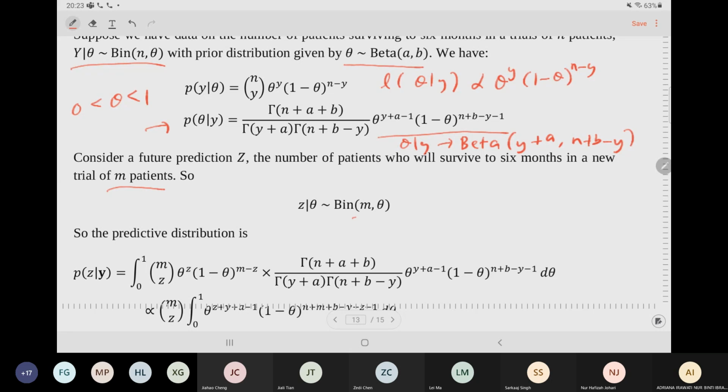They have the same distribution, which is binomial, but it will have a different parameter, because Z is actually the sum of the Z_i, right? The patients who will survive in the trial of M patients. So this sum is actually binomial M, theta.